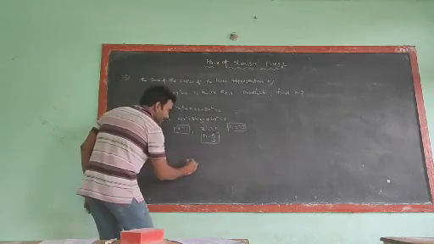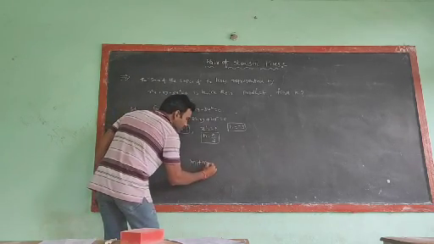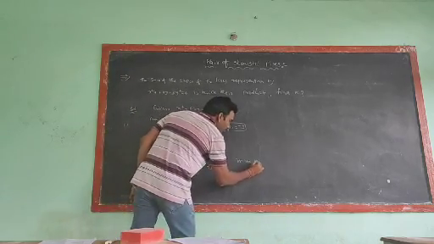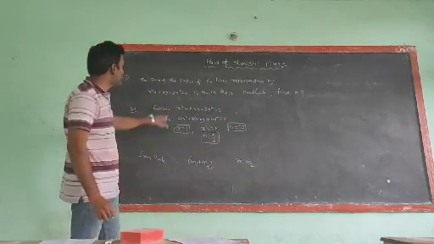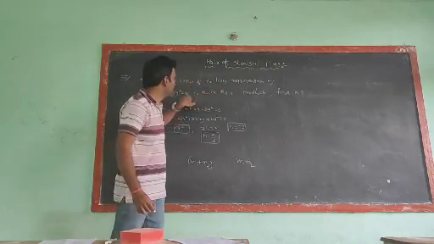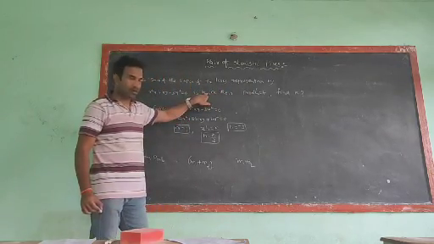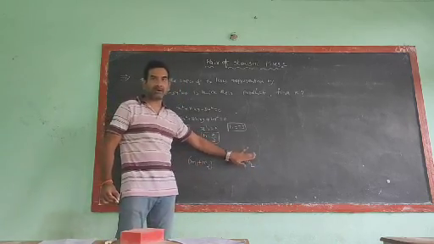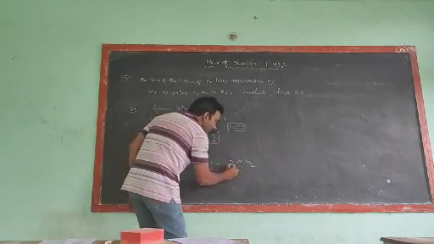I am taking m1 plus m2, the sum of the slopes, and m1 m2, the product of the slopes. Just observe that the sum of the slopes is twice the product. This value is twice of this value.